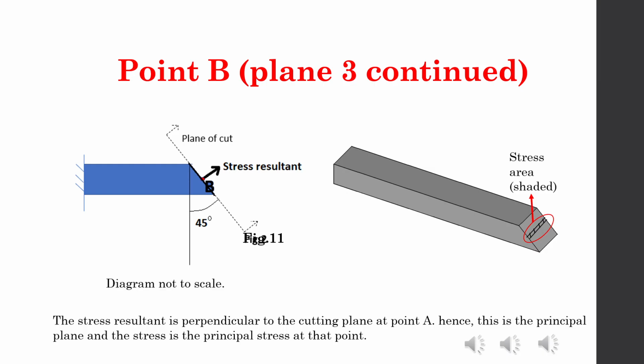So this is the principal plane for point B. And I want you to observe that the direction of the stress resultant has changed again. In the figure on the right, you can see the stress area for point B for this particular plane. It is shown by the shaded region on that inclined surface. So this is not to scale. Ideally, the shaded region should be as small as possible. This is just to show you qualitatively.